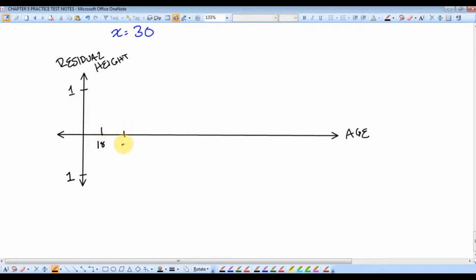I have a question. Since there's two different types of heights observed, could you make a graph like this, with the height up there and the observed height down there? Is that what you're doing? No, I'm making a residual plot.